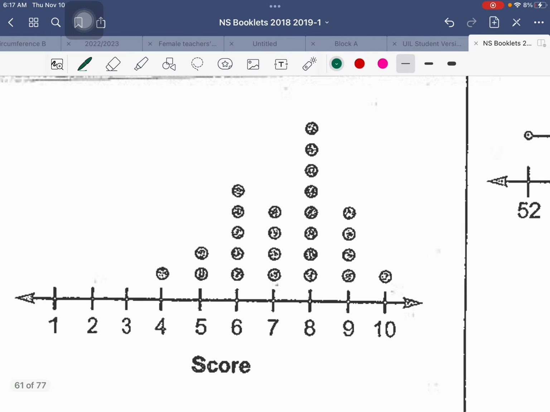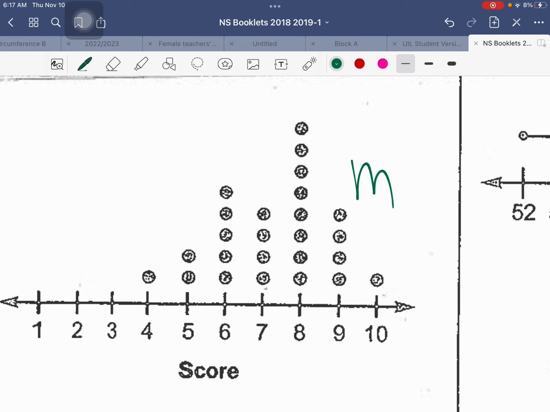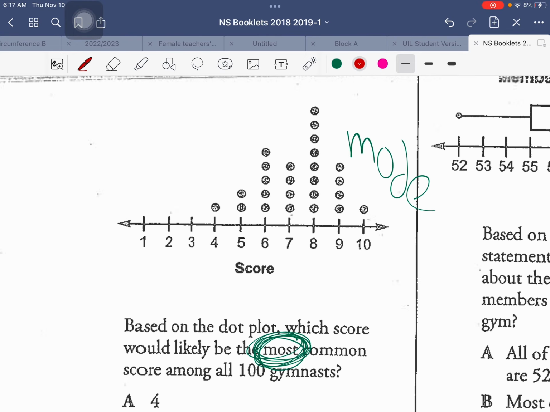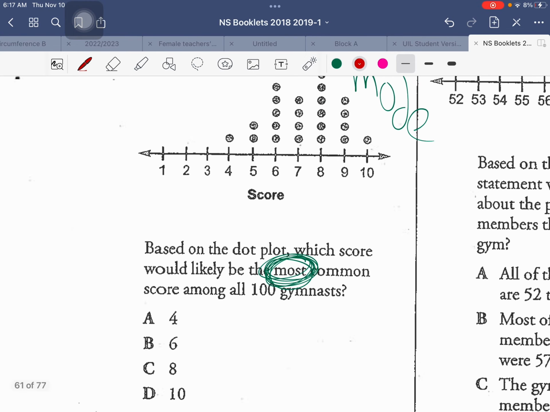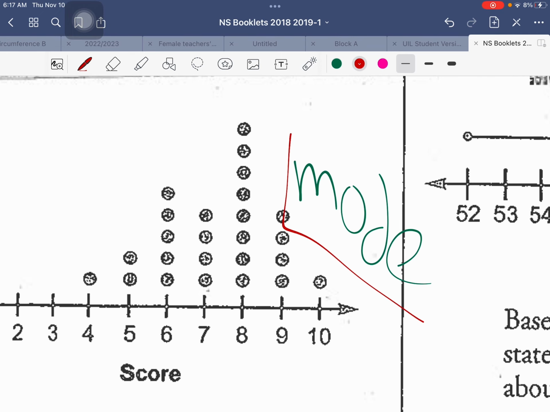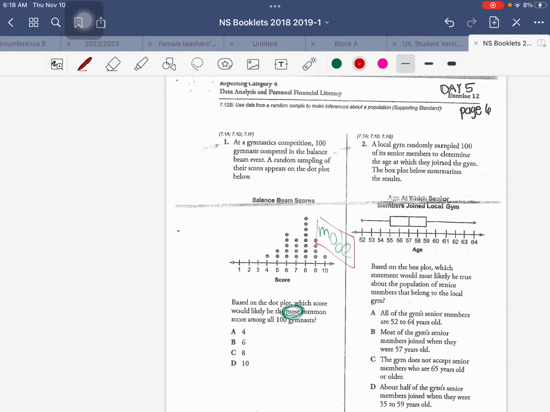What are you looking for? You're looking for the mode. Hopefully you remember what that means. Mode means the most. Which one appears the most? That's all I'm going to say. I'm not going to give you the answer. Just try it out, and ask around if you are a little confused as to what it means to find the mode.